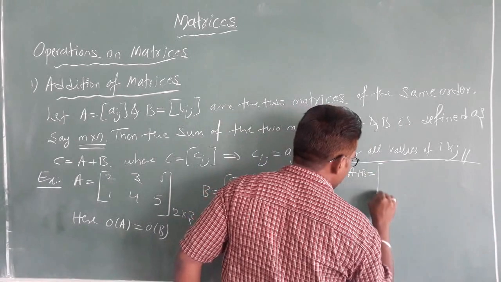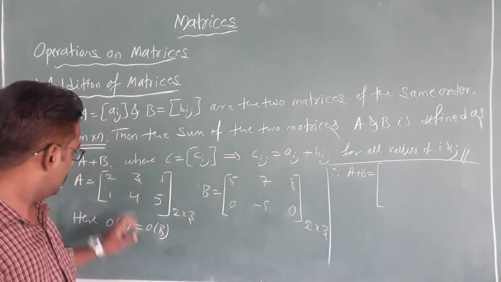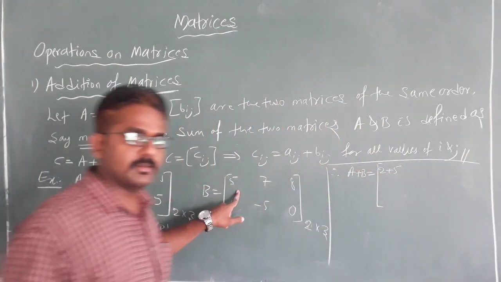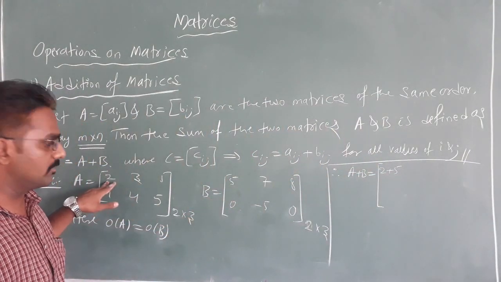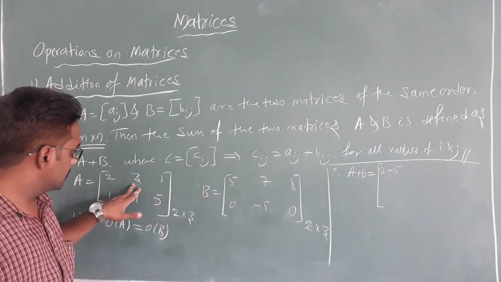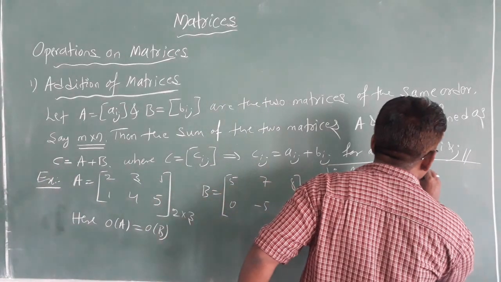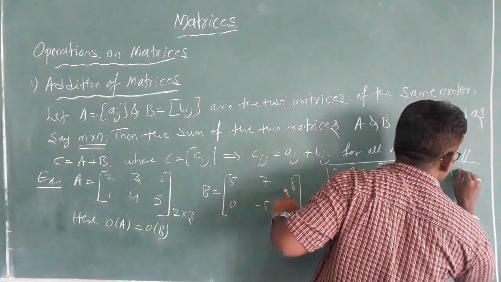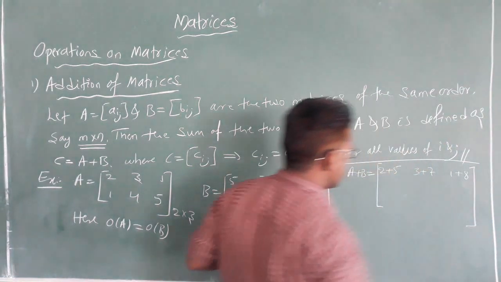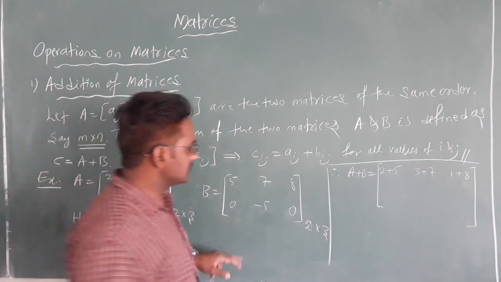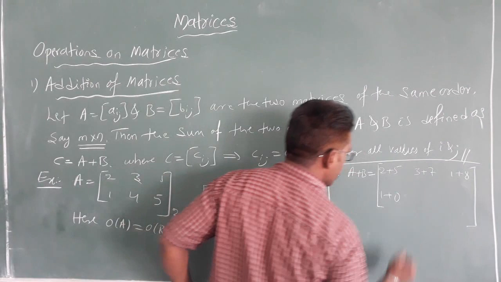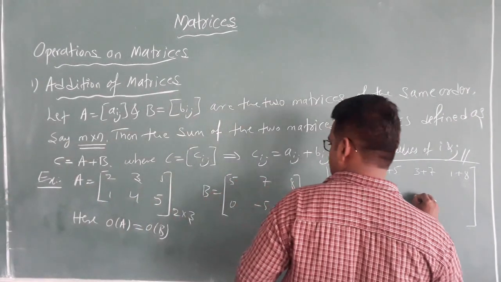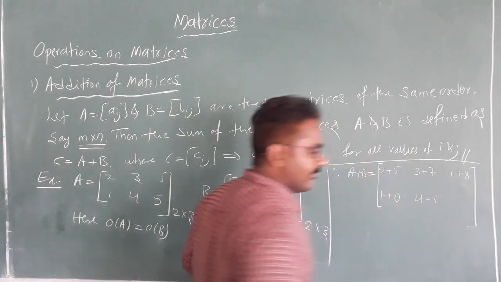Therefore A plus B equals 2 plus 5, the first row, first column element. Next 3 plus 7. Next 1 plus 8. Next 1 plus 0. Next 4 plus minus 5, that is 4 minus 5.